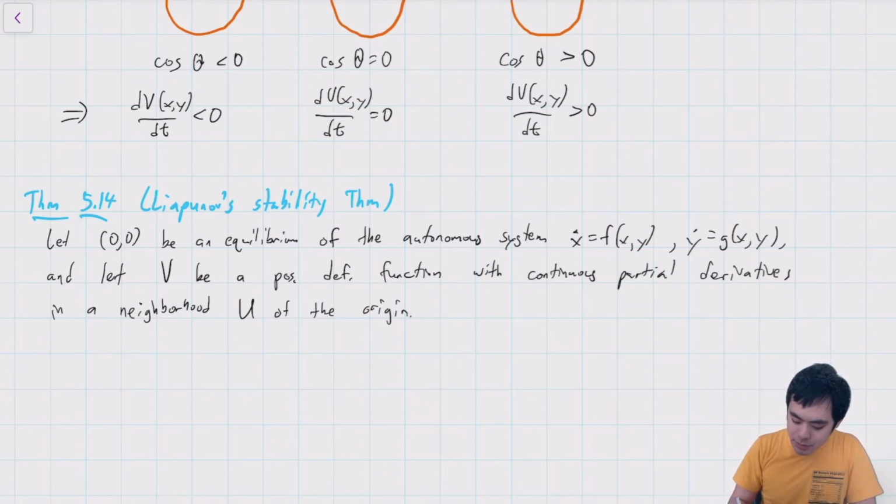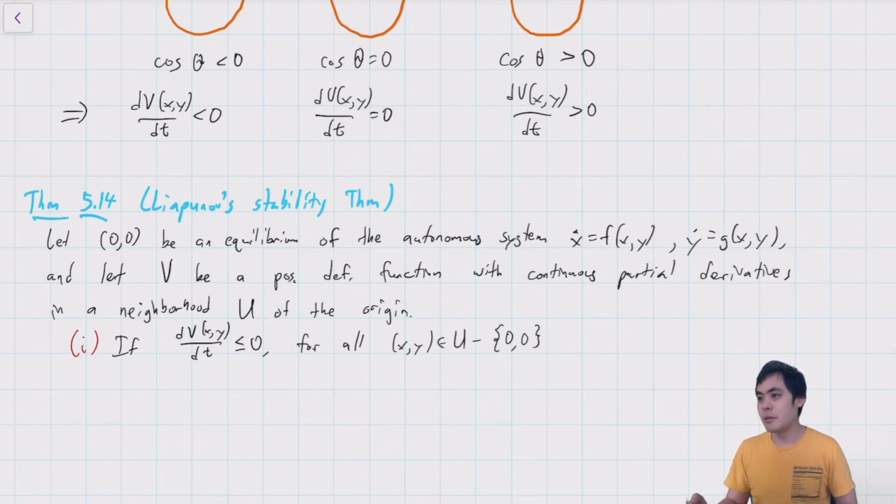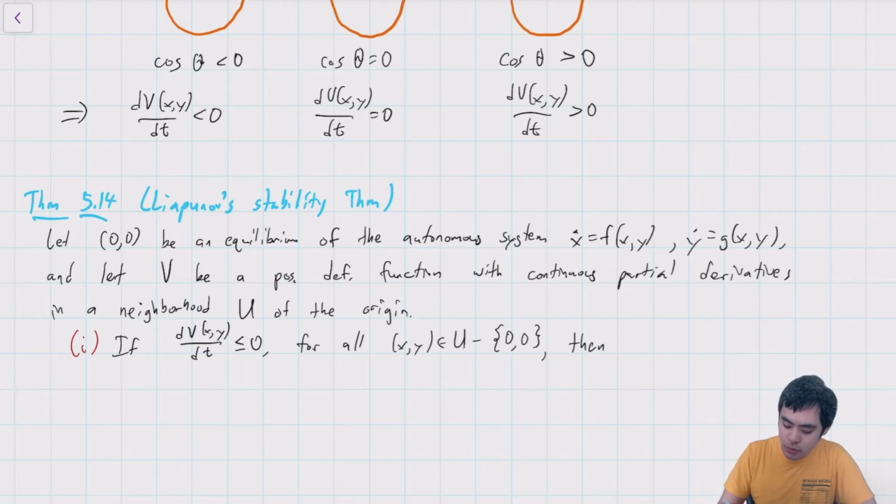So let's be a bit more precise about that. There are several different cases. So if dV/dt is less than or equal to 0 for all x, y in U except the origin itself, because obviously the origin is an equilibrium, and so we're not going to worry too much about that, then we know that (0,0) is stable.